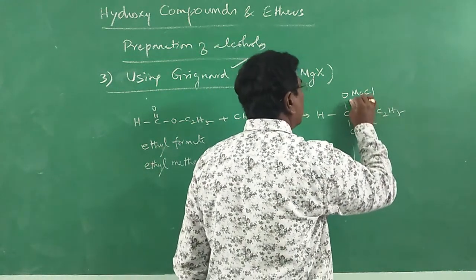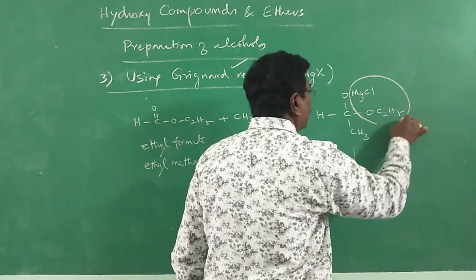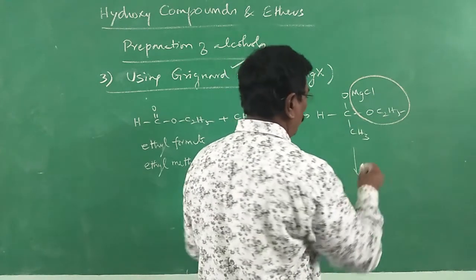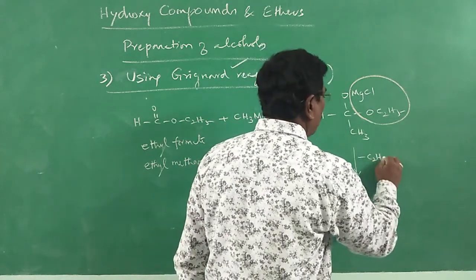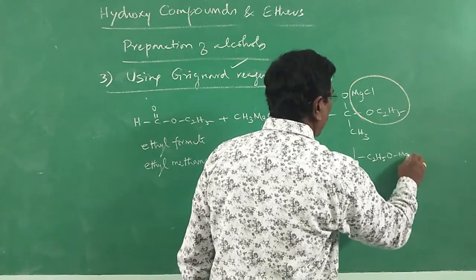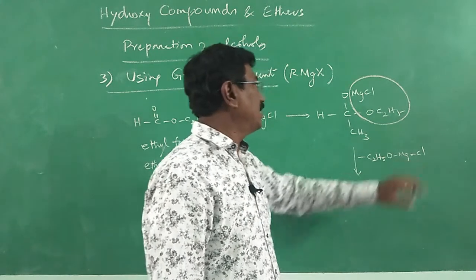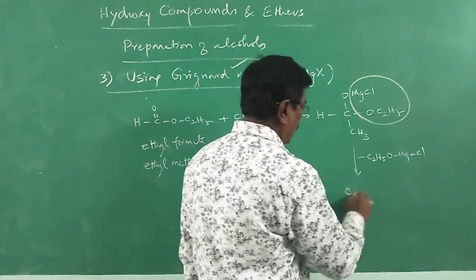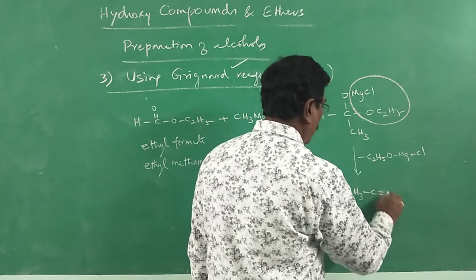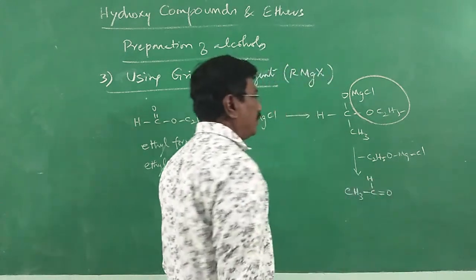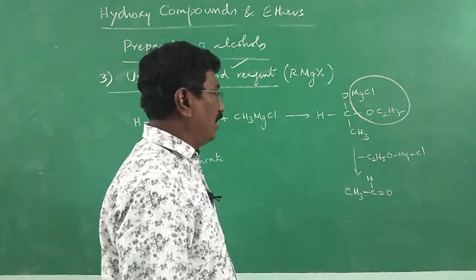Therefore, since it is available already, the alkoxy will be removed as ethoxy magnesium chloride. The valency of magnesium is 2: one side chlorine, one side ethoxy. Ethoxy magnesium chloride will go out. You will be getting CH3, C double bond O, H, acetaldehyde.